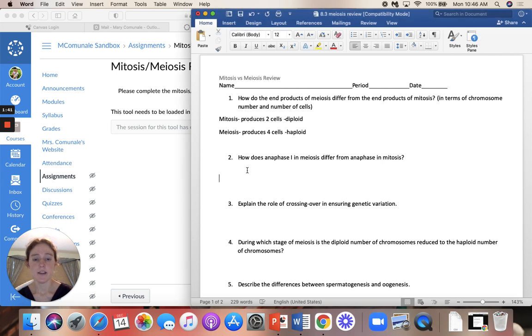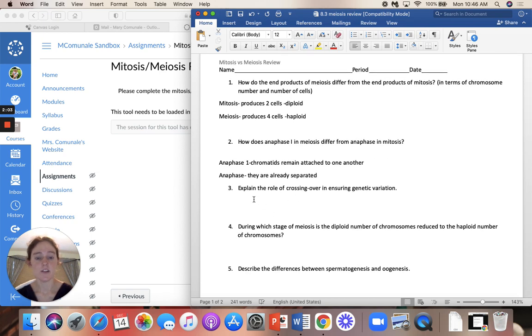All right, so with anaphase 1, we're going to say that the chromatids remain attached to one another, and in regular anaphase, they are already separated.